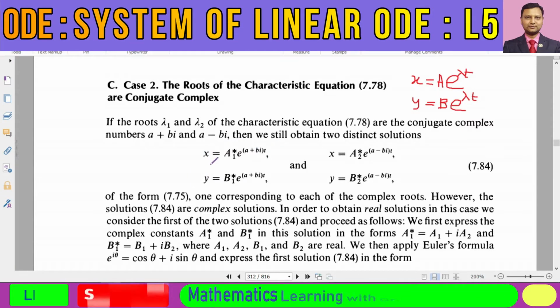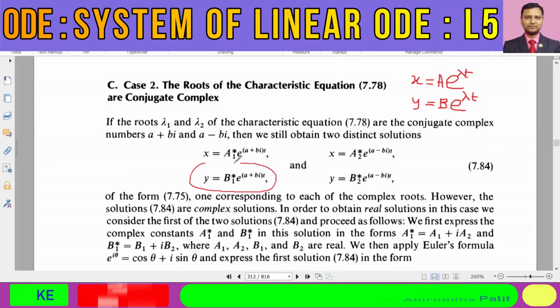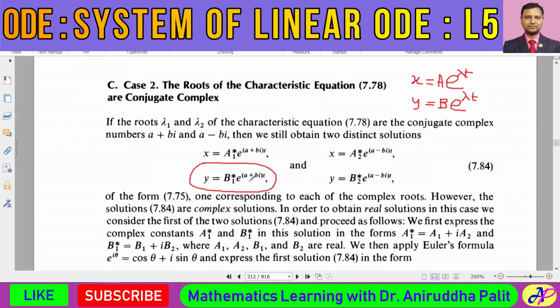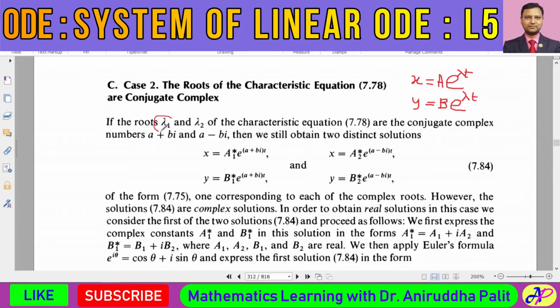Similarly, y will have the expression B1 star into e to the power of lambda t, where lambda means a plus b i, multiplied by t. So this solution comes for lambda 1.